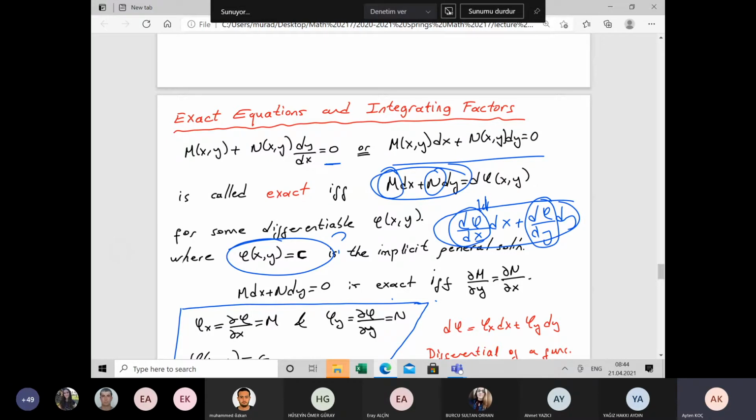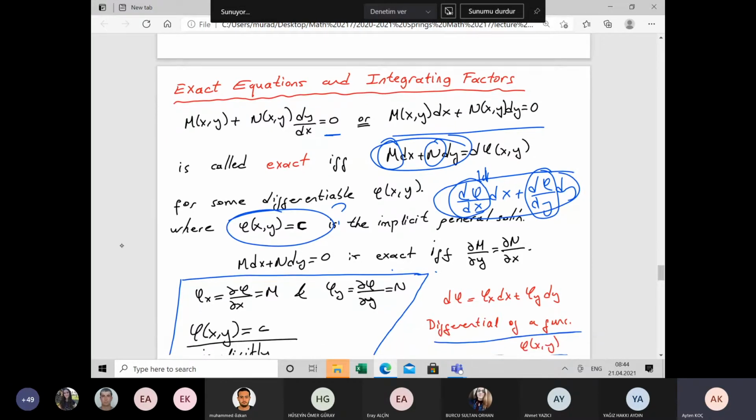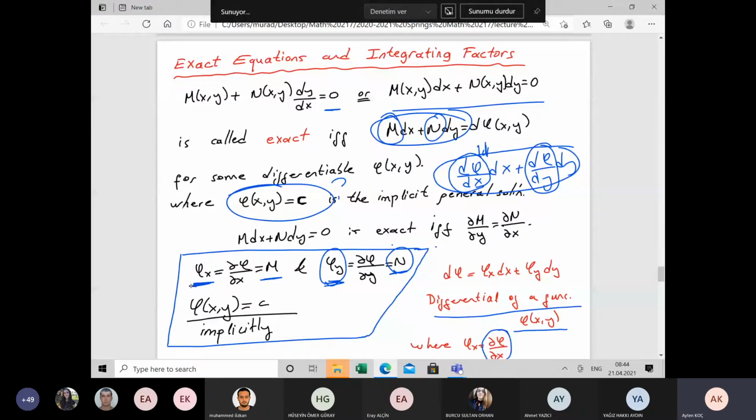So we obtain phi sub x equals M and phi sub y equals N. Using both equalities, we solve for phi, and so we obtain our solution implicitly.